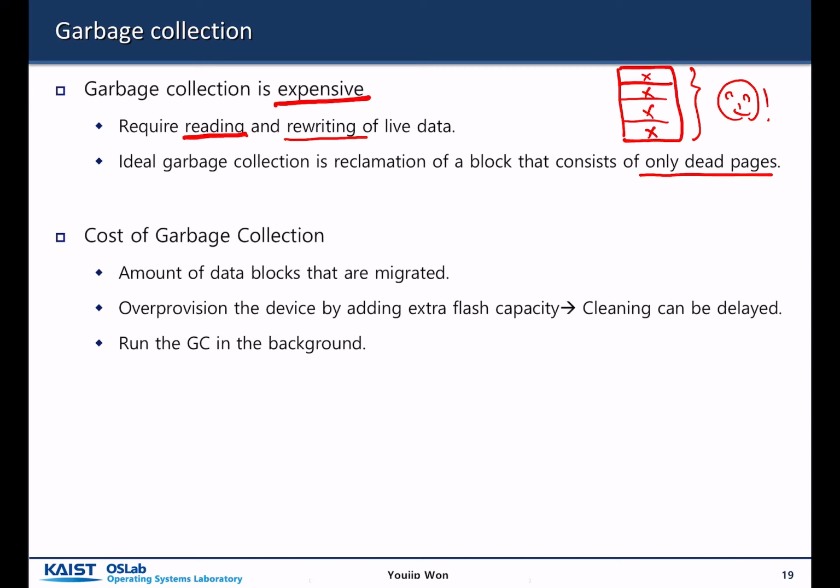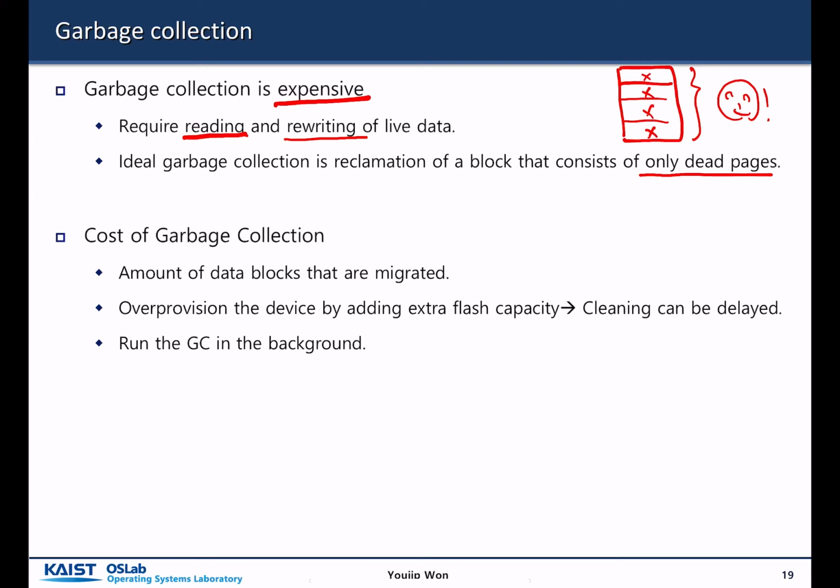The cost of garbage collection is the amount of data blocks that are migrated. So you have to do your best to minimize the number of valid blocks associated with the garbage collection.